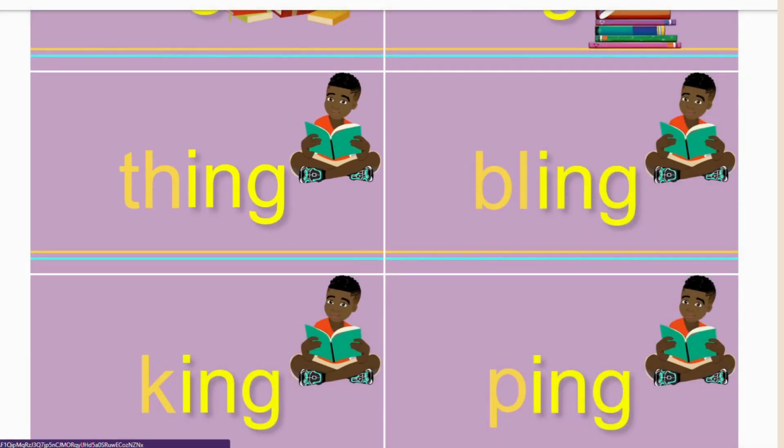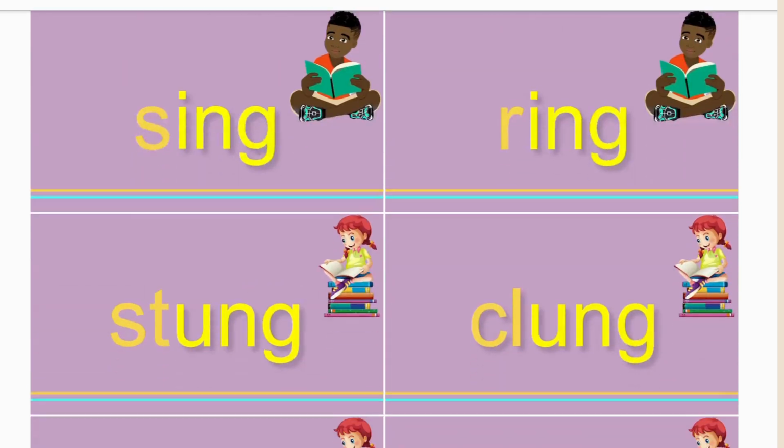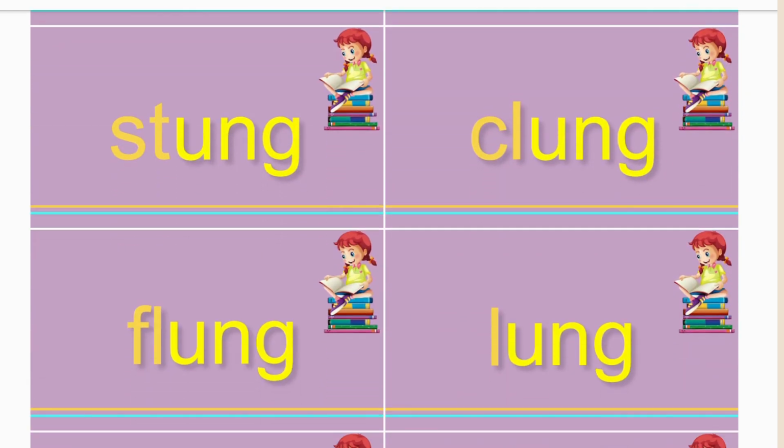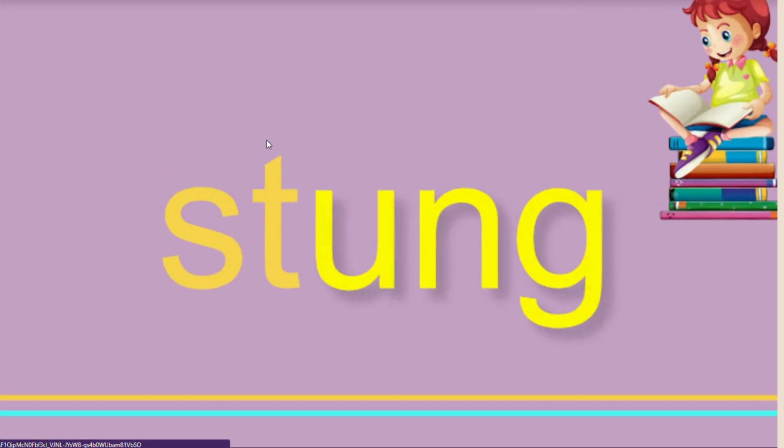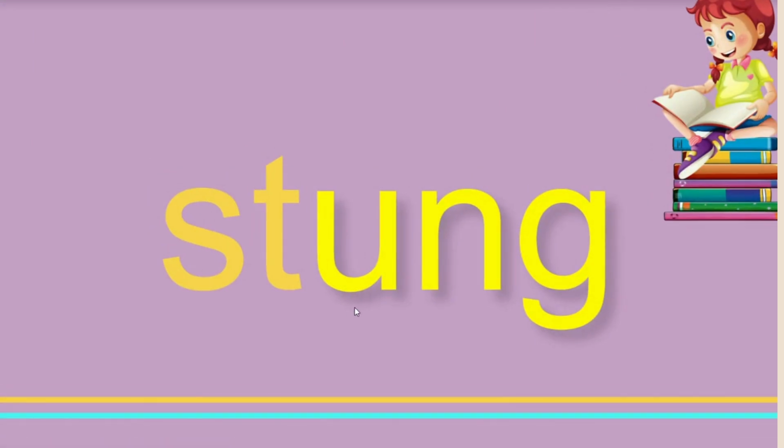Let's try another sound from the ang, ing, ong, ung family. This sound is ung. The sound of S is s. And the sound of T is t.